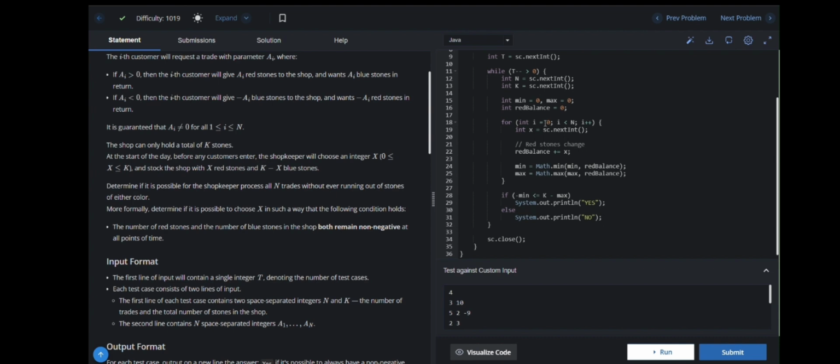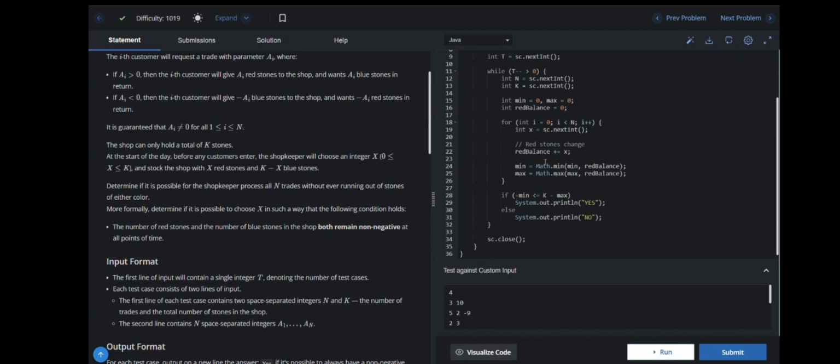So for int i equal to 0, i less than n, i plus plus, we will be running a loop, and for each iteration we will input x, that is the trade factor or the trade parameter for the customer. Red balance, for each iteration we will be adding x. It doesn't matter whether x is positive or negative, we will be adding it in the red balance.